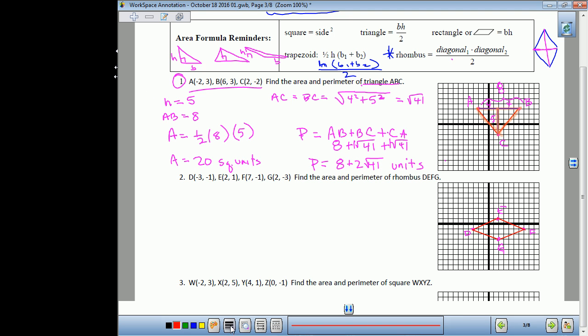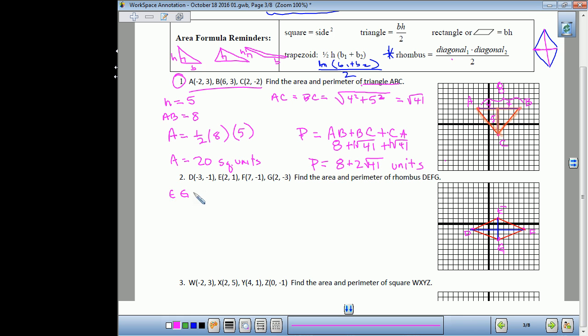Okay, so did everybody graph the rhombus? Now, we talked about a shortcut formula for the rhombus: half the product of the diagonals, not diameters. So here's a diagonal. Oh yay, it's vertical. We can count. 5. And here's another one. 4. Woohoo! It's horizontal. We can just count.